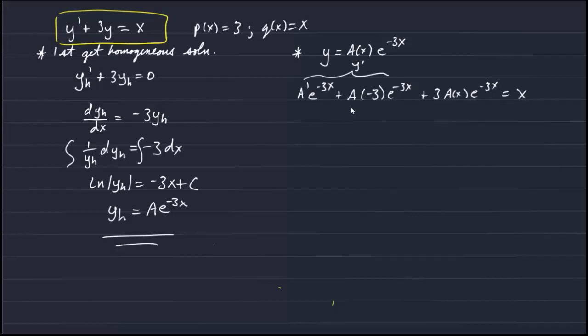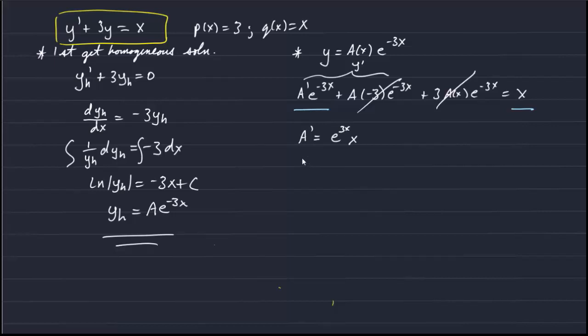And so again, the second term in the derivative cancels with the second term on the left-hand side of our original ODE, and we get a prime e to the minus 3x is equal to x. Multiply both sides by e to the positive 3x, and we get this equation.